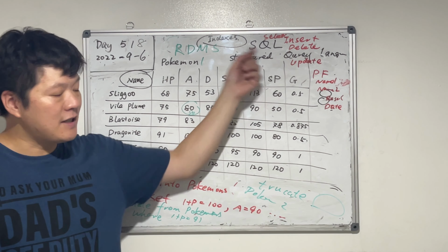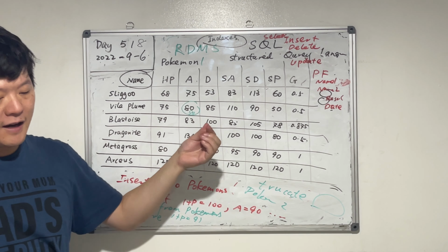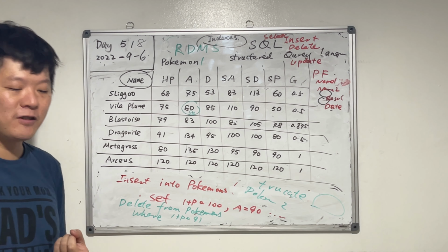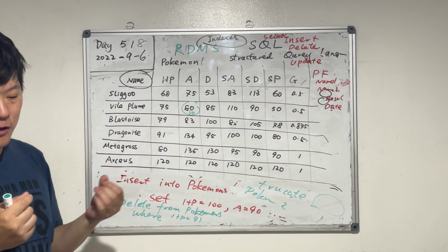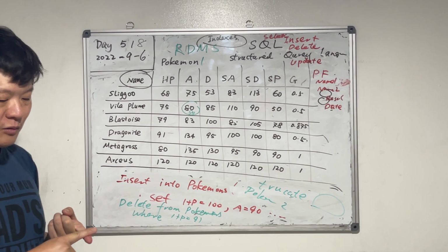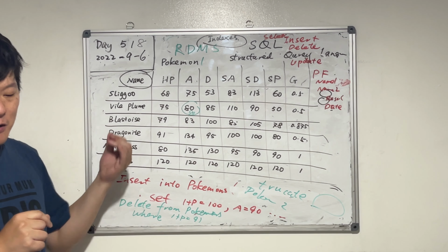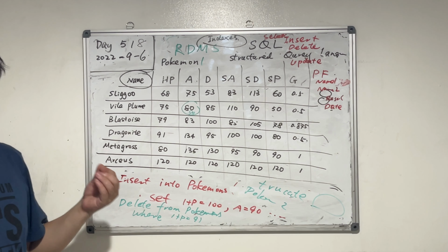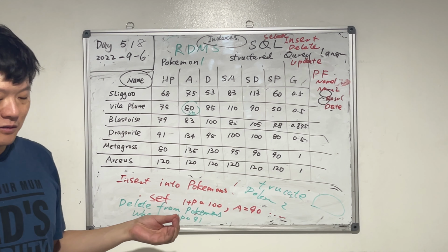Insert into and then select. Delete from tables where, to remove the records from the database. Update tables, set column A equals something where condition. We want to change specifically a value or 2 values, multiple columns.